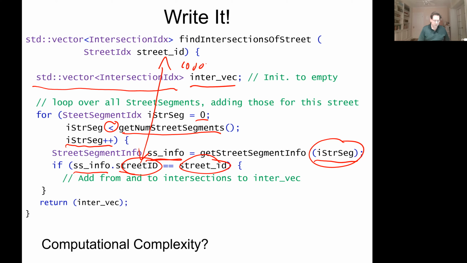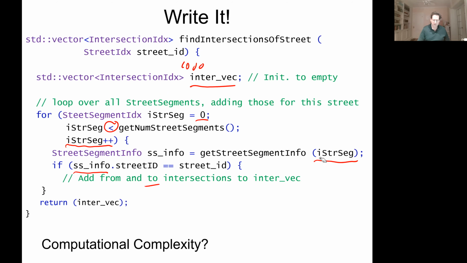And I didn't write the code here, but basically I should add these from and to intersections to my intersection vector. Maybe I have to be careful that I don't get duplicates. Maybe I would add them twice. So I've got to write some logic there, but this will work. And yes, you have to think about what to do in terms of being careful about duplicates.